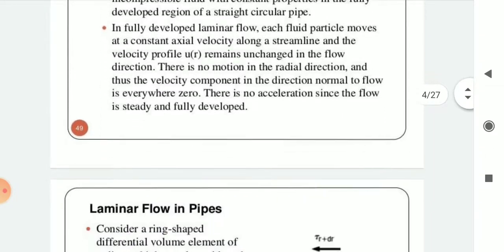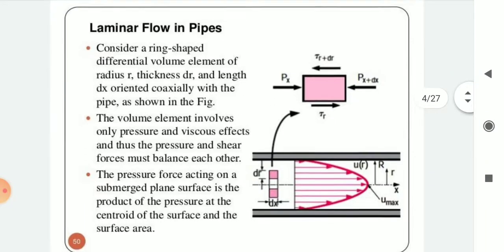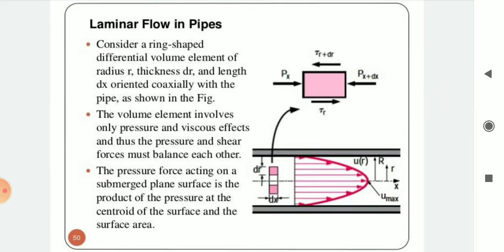Okay, so you can see the image where the laminar flow, U max, u(r), resultant force has been shown, and the flow and the directions have been shown.